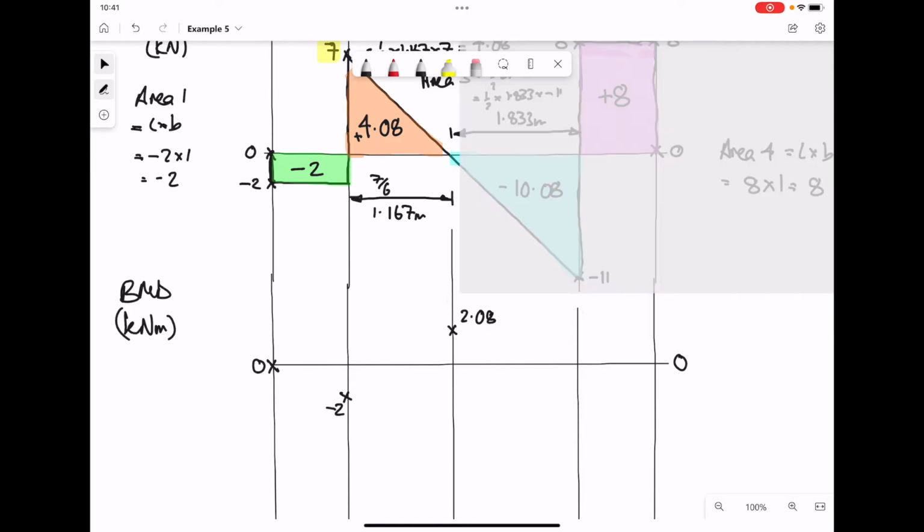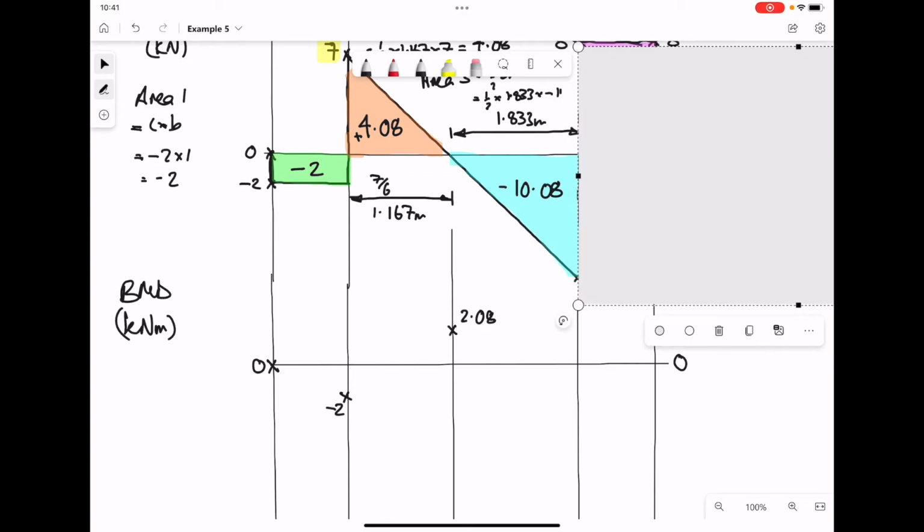As we move across, we're going to reveal the next area. So the total area we have shown on the shear force diagram is the 3 areas added together, the -2, 4.08 and a -10.08. The resultant of that, when you add those 3 areas together, gives us a value at this location of -8.